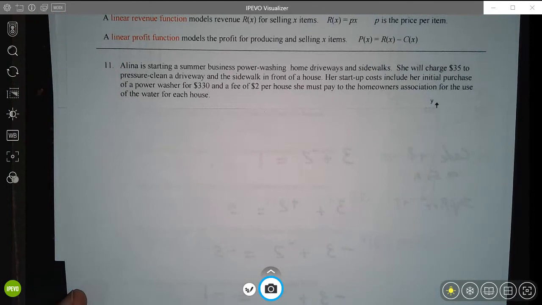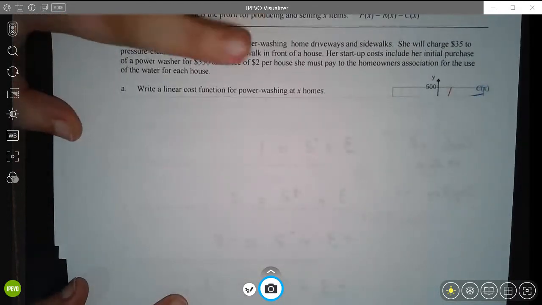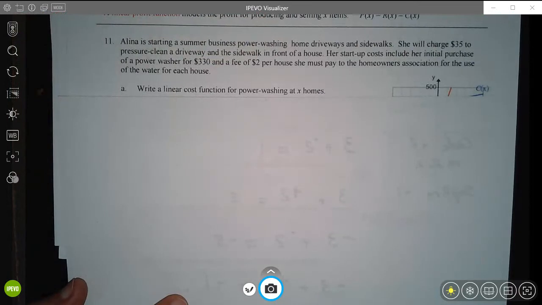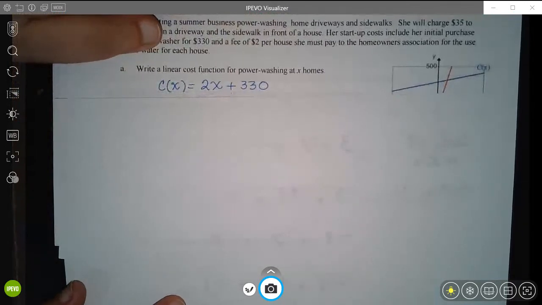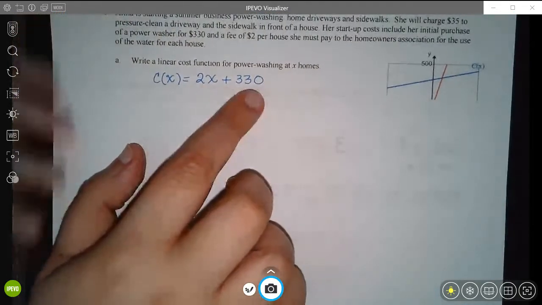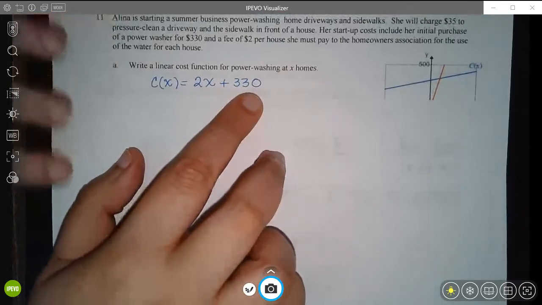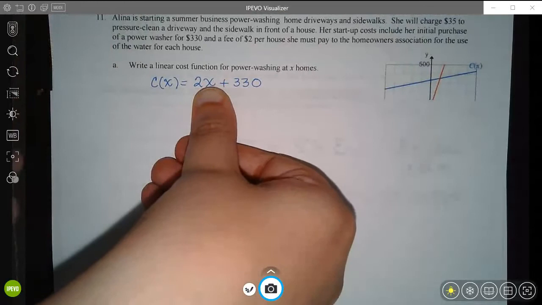Okay. So based on this, what is the linear cost function she's gonna have when she power washes homes? Okay, here we go. Now it is what? 2 times X plus the 330. Now why is it that way? Because X is the number of houses you're gonna wash. You don't know how many they are.